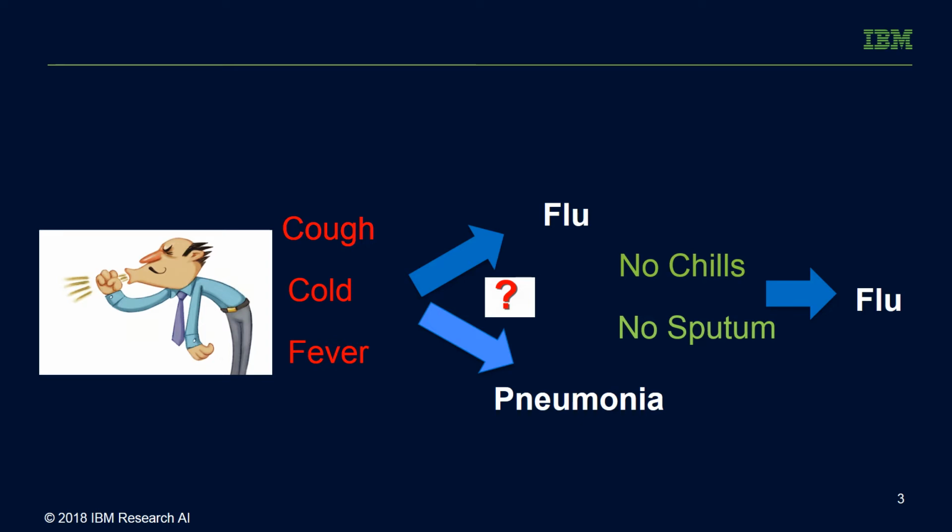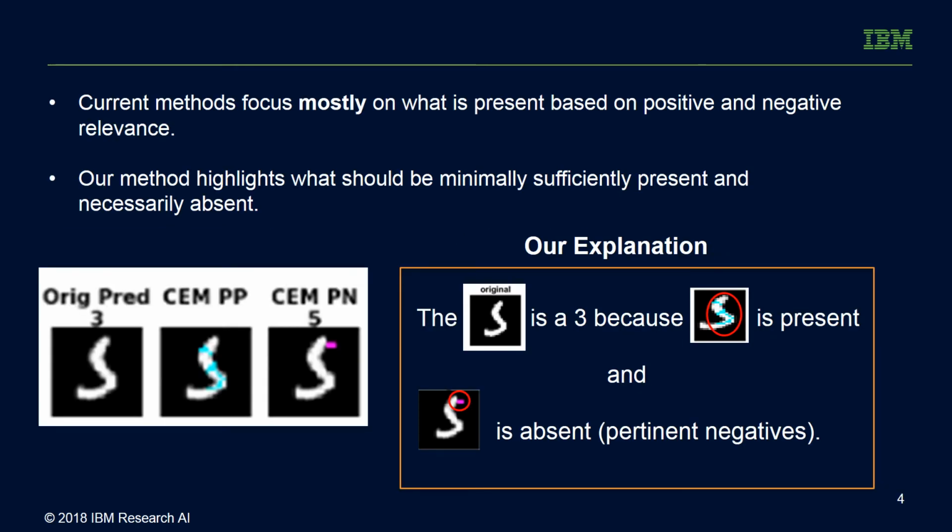So in this example too, we see that not only the things that are present, such as cough, cold, and fever, but the things that are absent are critical in coming up with a final decision. So we wanted to build a method which mimicked this at IBM Research, and we recently did, where we not only highlight what should be minimally and sufficiently present to justify a classification, but also what should be necessarily and minimally absent for the original classification to be maintained.